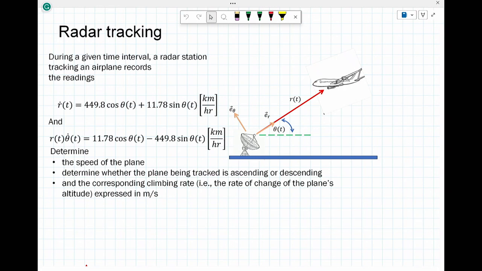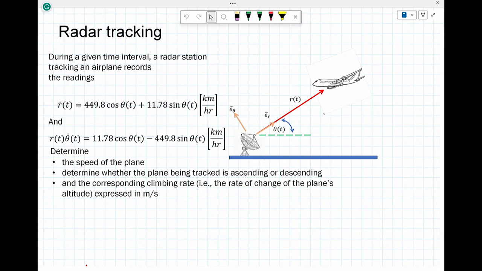I've defined here e sub r and e sub theta with respect to the radar station, and you've got r going out there, you've got theta right there. All right. Determine the speed of the plane, determine whether the plane being tracked is ascending or descending, is it rising or falling, and the corresponding climbing rate, i.e. the rate of change of the plane's altitude expressed in meters per second.